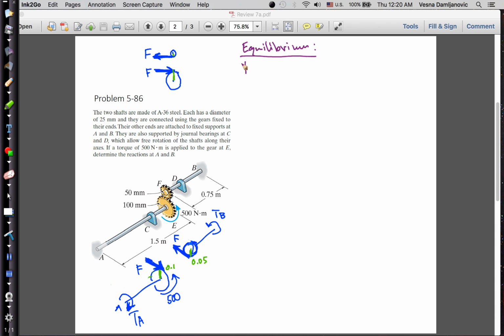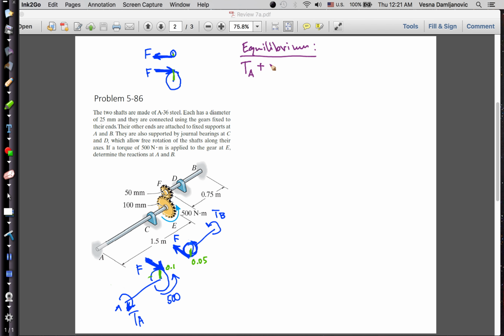TA, I'll decide that that's a positive. And then F will be in the same direction, so it's going to be plus F times 0.1, because this force will create a torque around that axis, right? And then minus 500 is 0. So that's the first equation of equilibrium.